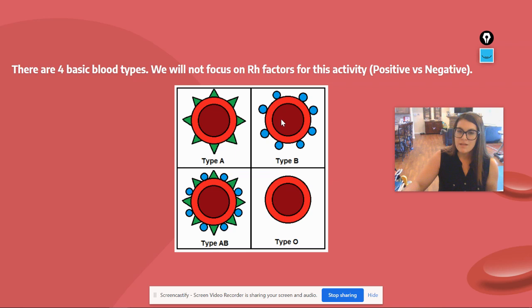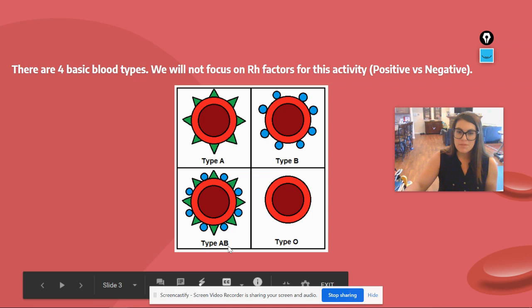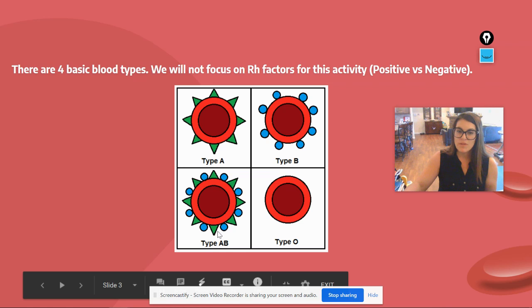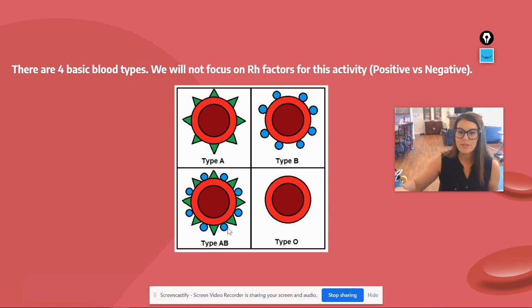Type B blood has B antigens. So all these little circles represent B. You'll notice that if you're type AB blood, you have those A antigens, the green triangle, and you have the blue circles, which are the B antigens. So type AB has both A and B antigens on the surface.